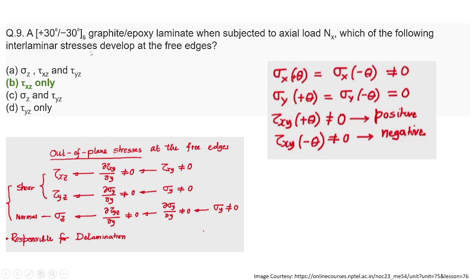So this is either 45 degree or 30 degree. It is a plus minus theta laminate structure. So for that these conditions apply. So from these conditions you can see the stress in y direction will be equal to 0.